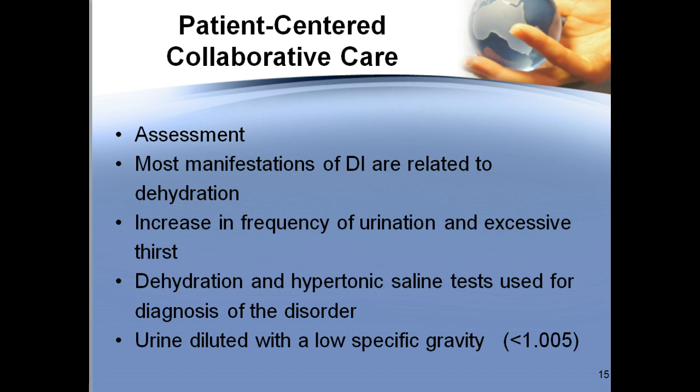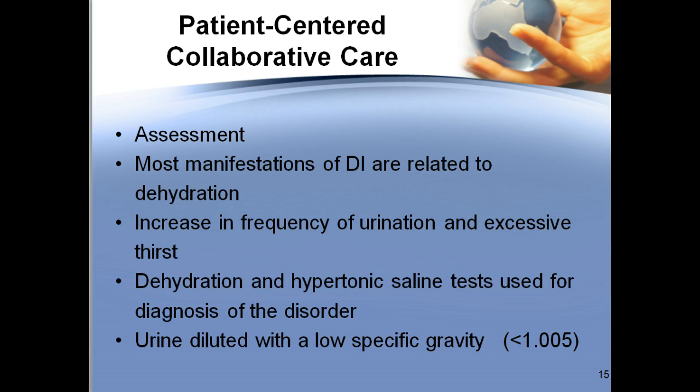So basically, what you're going to do is assess. Because most problems related to diabetes insipidus are related to dehydration, the key manifestation is increased frequency of urination, which is once again called polyuria, and they will also have polydipsia, which is excessive thirst.